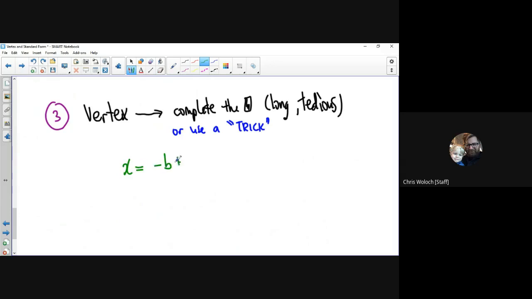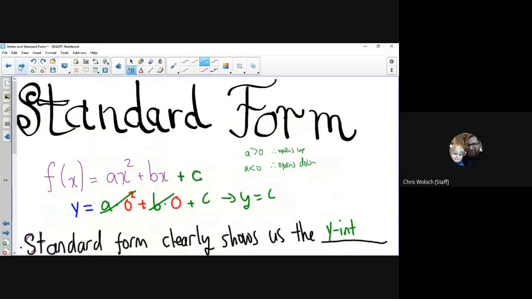x equals negative b plus or minus the square root of b squared minus 4ac, over 2a, right? Okay, so let's go back a couple. Over here, sorry.